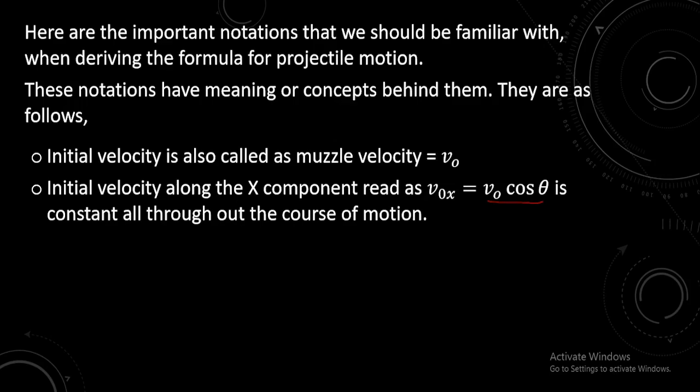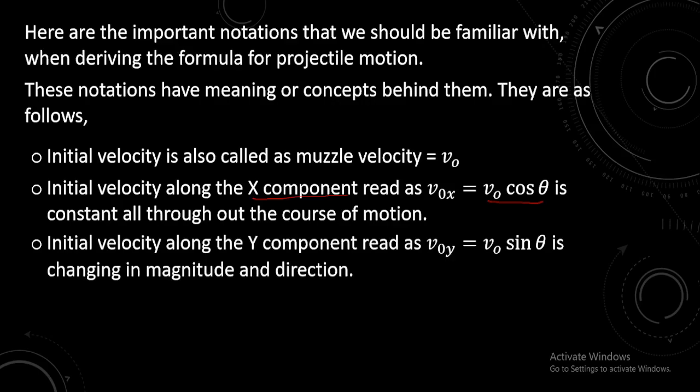And remember, as I'm telling you from the start, the x component, or velocity along the x-axis, is constant. This means that it is not changing throughout the course of motion. Alright, so initial velocity along the y component is read as v sub oy.